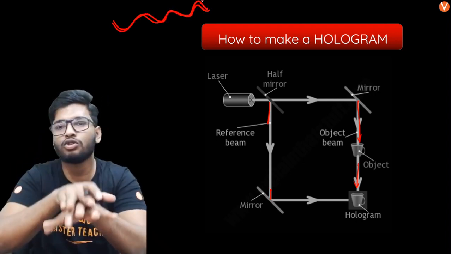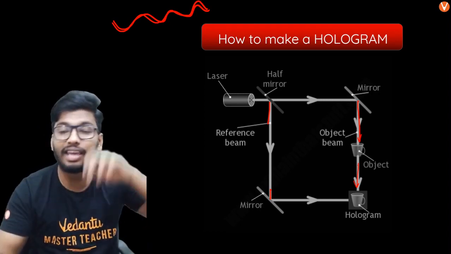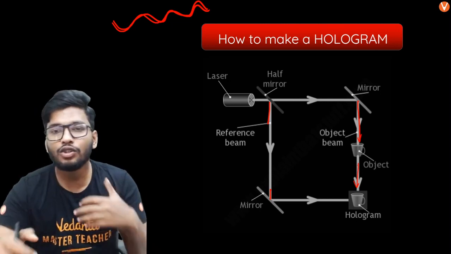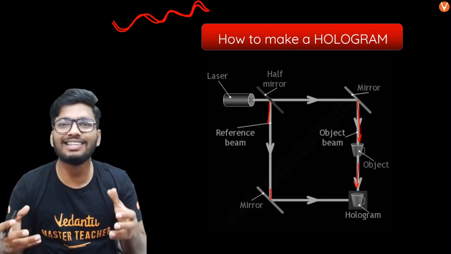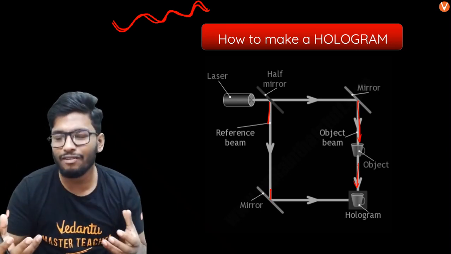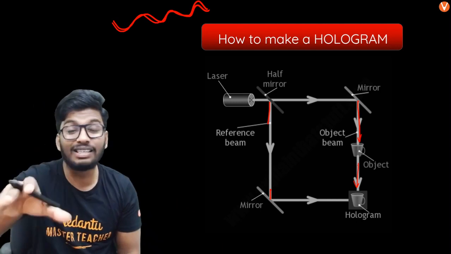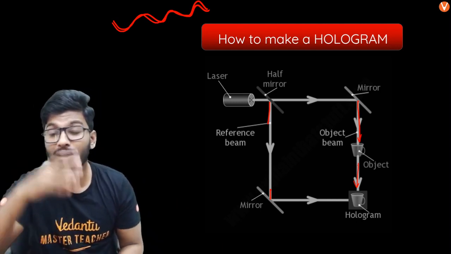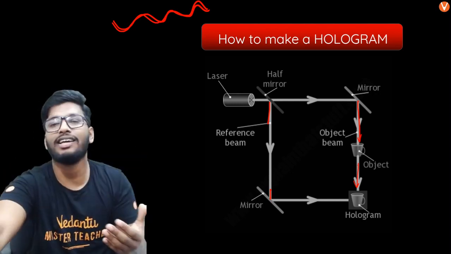They'll impose over one another, or they might cancel each other out, or reduce the brightness a little. Because of this, you're able to get that 3D effect that we all crave to see when you change a hologram. This is what happens because of the reference beam and the object beam being superimposed over one another. That is what creates the hologram.